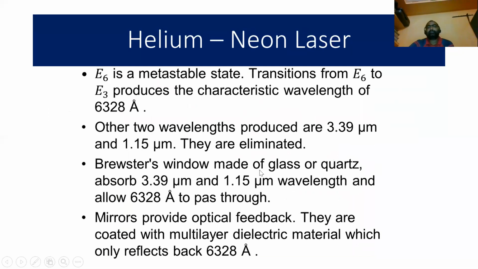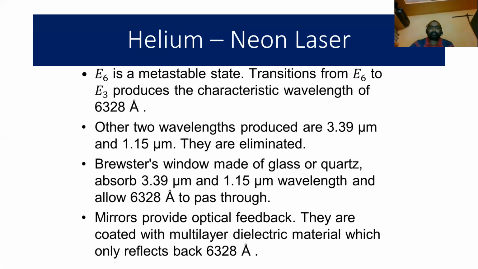Brewster's window, made of glass or quartz, absorbs the 3.39 micrometer and 1.15 micrometer wavelengths and allows 6328 angstroms to pass through. Mirrors provide optical feedback. They are coated with multi-layer dielectric material which only reflects 6328 angstroms.